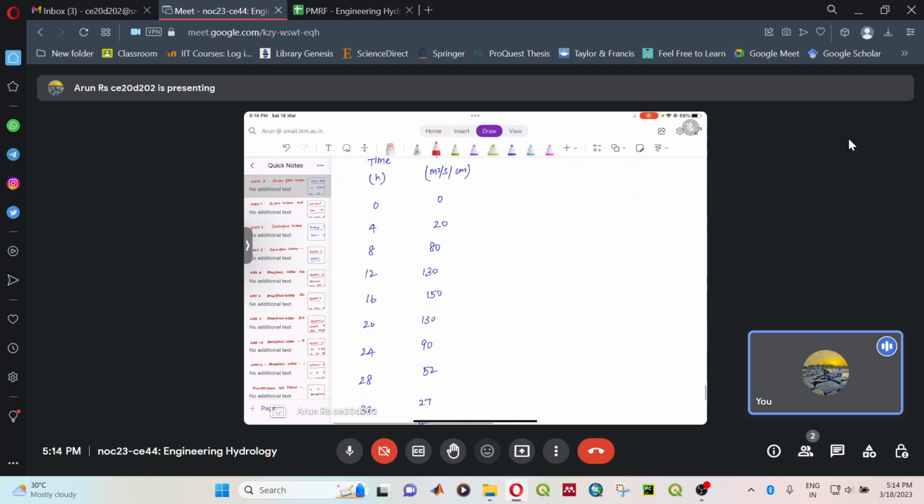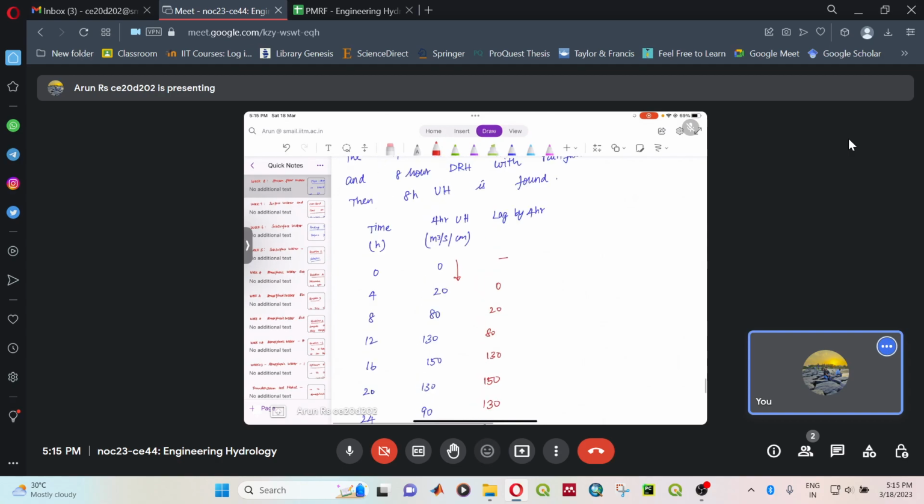What I mean by lag is we'll first leave the first column empty, and this entire time series we are going to write down here again. 0, 20, 80, 130, 150, 130, 90, 52, 27, 15, 5 and 0, and we add 4 hours extra. So that is our time base of the 8-hour unit hydrograph.